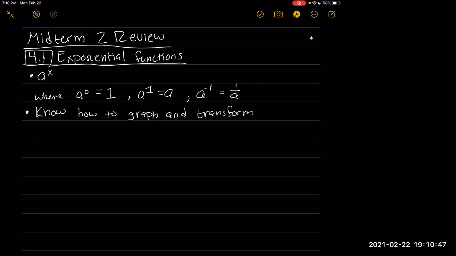And this is with our internal and external addition, as well as our scaling. And we also learned the compound interest formula.